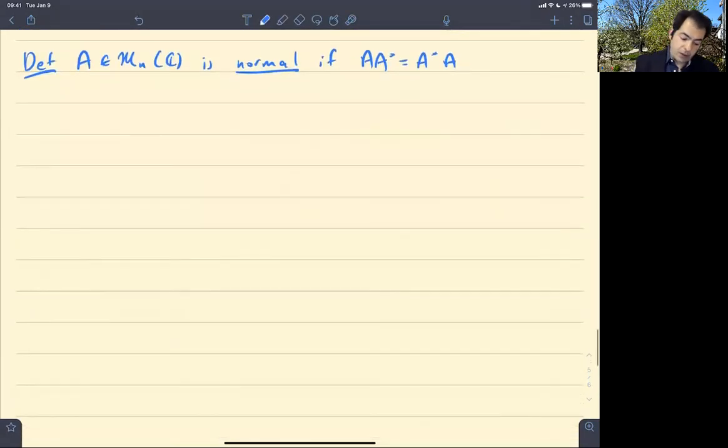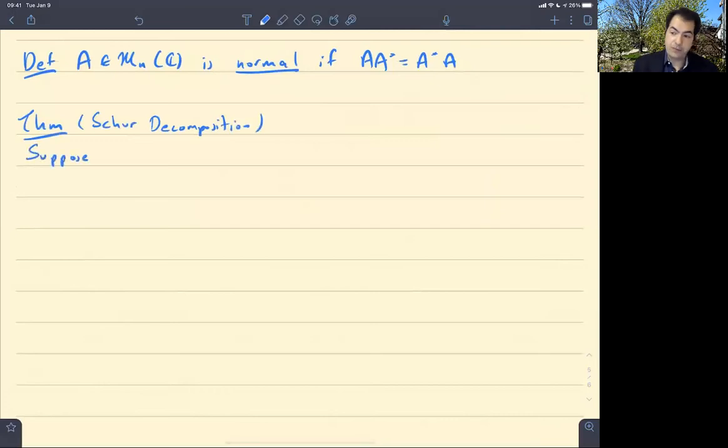To do that, first let's prove really a lemma for us, but it's such an interesting lemma that it's called a theorem, and it even gets a name. This is the Schur decomposition. So here's what the Schur decomposition says. Suppose V is a finite dimensional complex inner product space.